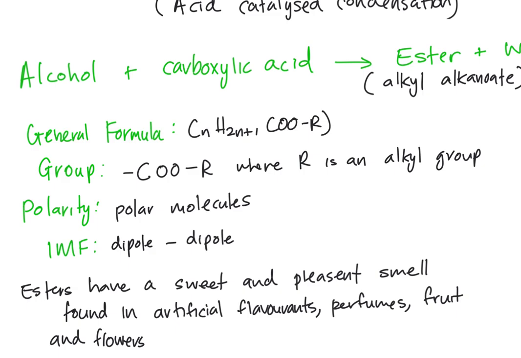Your R is your alkyl group. So I just want to erase this so that it's not part of the general formula. That's just part of the COOR, where R is the alkyl group. The polarity, it is a polar molecule.